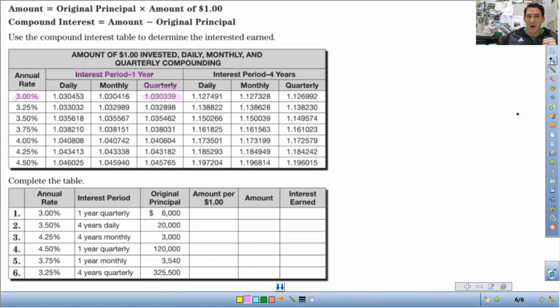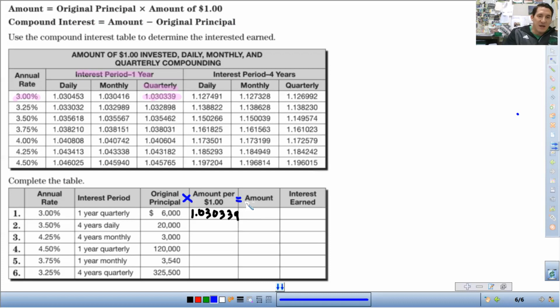So the amount for $1 is 1.030339. All right, now to get the amount that this is going to be worth at the end of that specified term, this is a 1 year term, you take your original principal times the amount for $1, that is equal to the amount there.